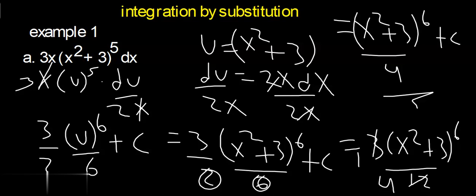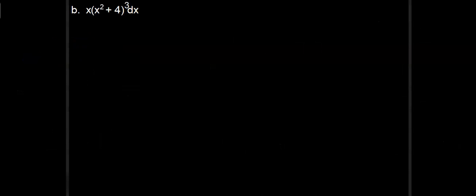Now let's do some more critical questions and different questions. The second example is literally the same as the previous one, so I want you to pause the video and try this example and see if you get the answer. I'm going to follow the same procedure.